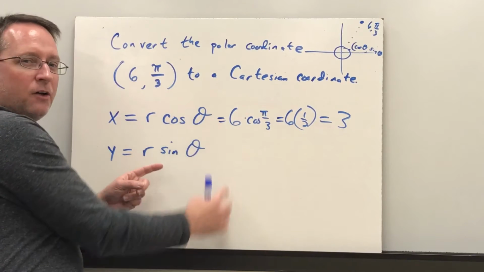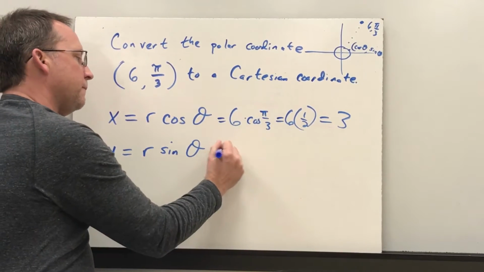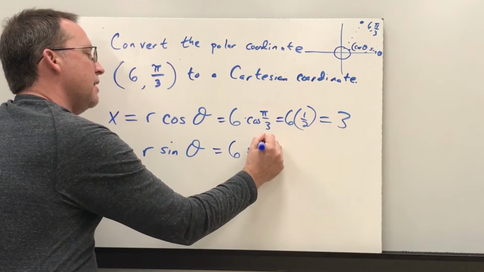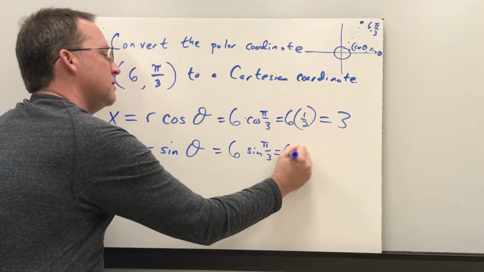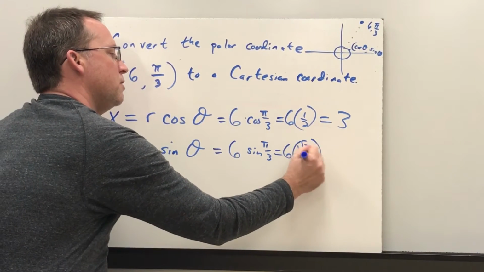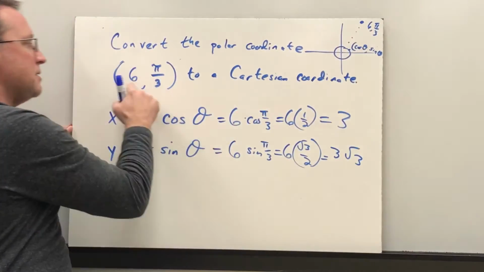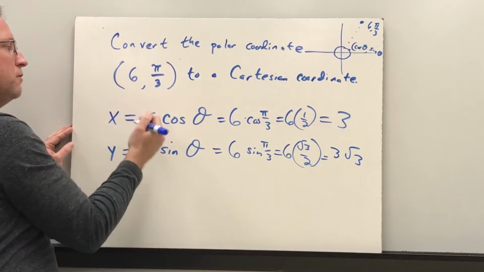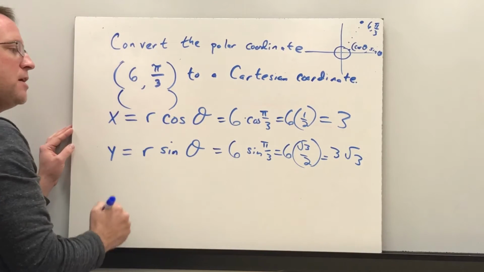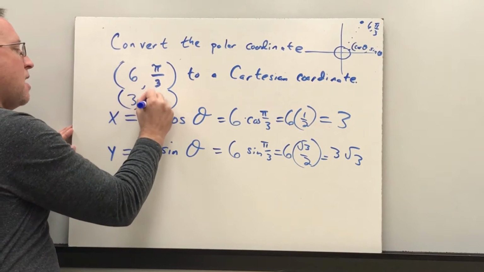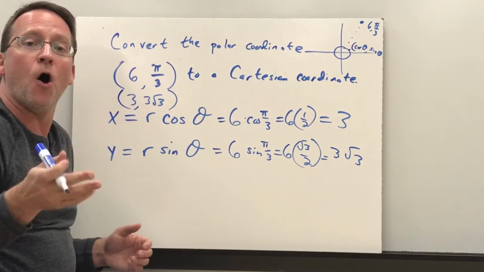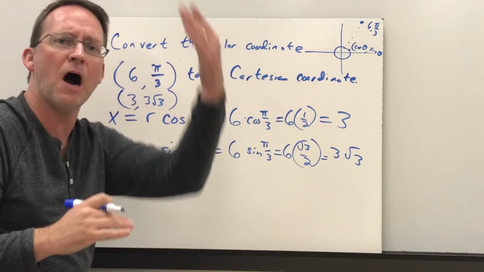These are really valuable to us later on. All right, so 6 times the sine of pi over 3, 6 times radical 3 over 2 would be 3 radical 3. So that point, 6 comma pi over 3, is the same point as 3 comma 3 radical 3 on our Cartesian, on our x's and y's.